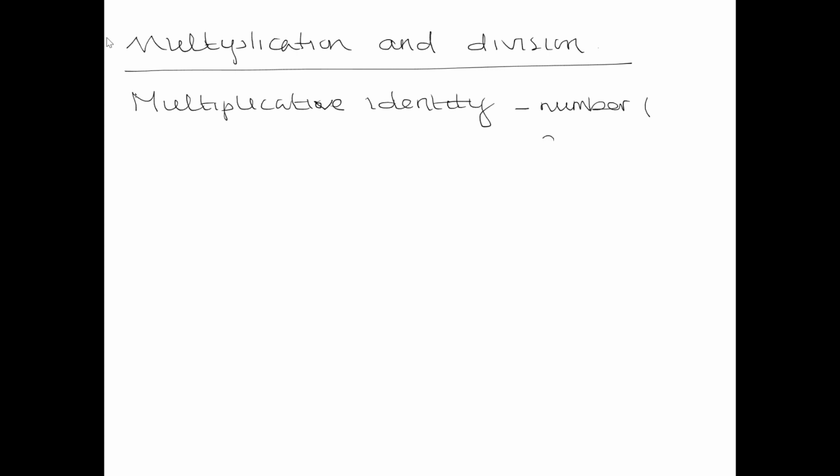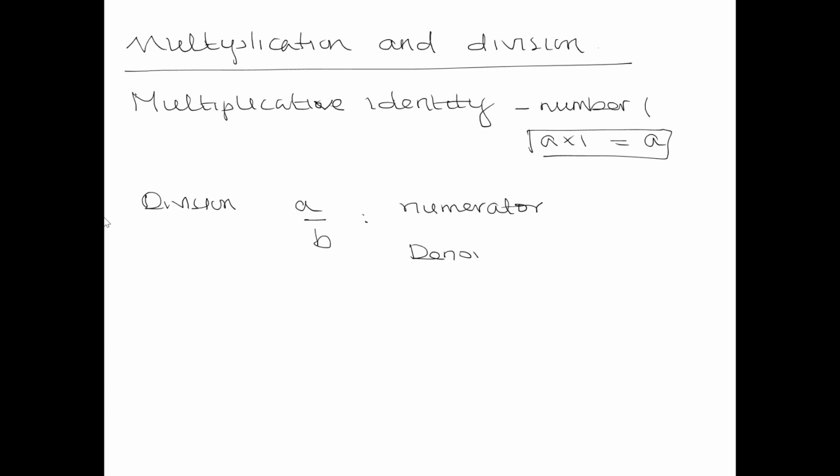Okay, that is when you are multiplying. What about division? Division, for example, a over b. What does it mean? So in this case, a will be our numerator, b will be our denominator, and the answer to this gives us now the quotient.